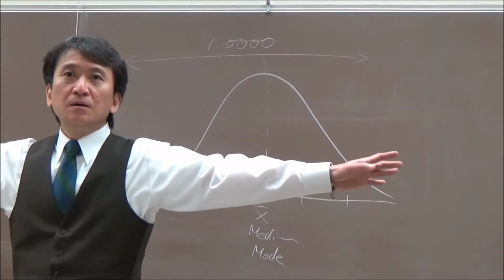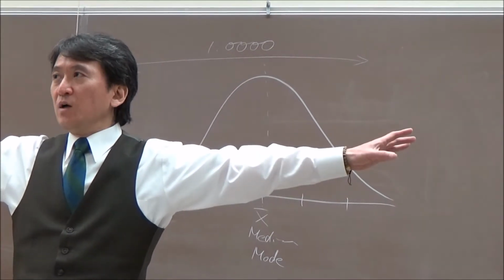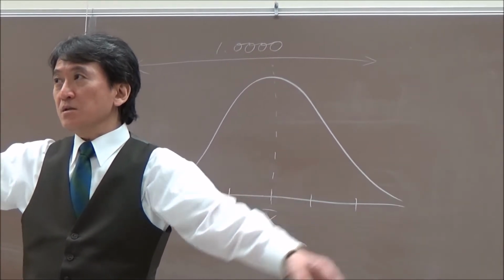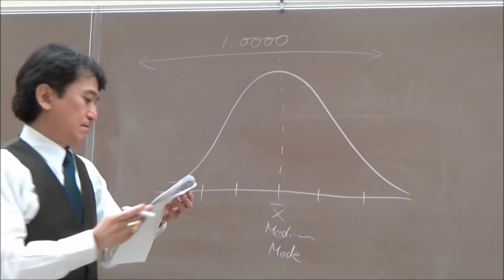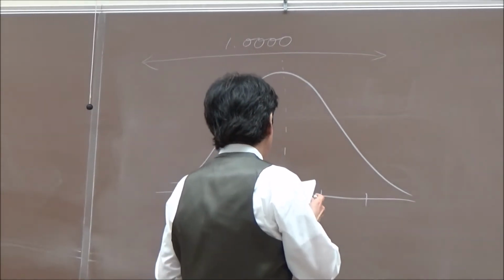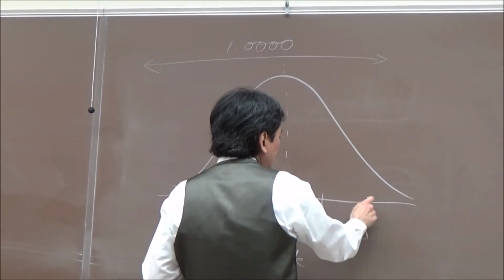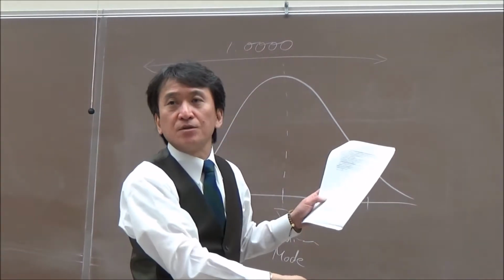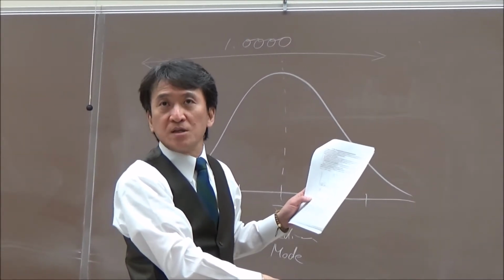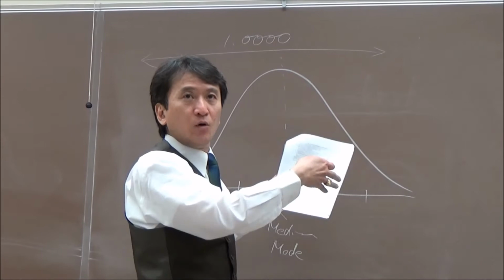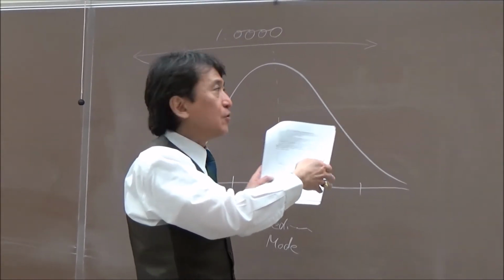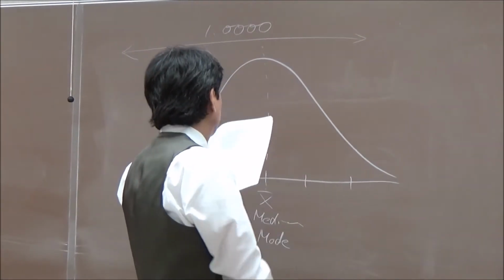With me so far? The entire curve is 100%. Does it make sense? So if we specify the range, we know the percentage, the percentage or proportion of cases that fall under a certain range.